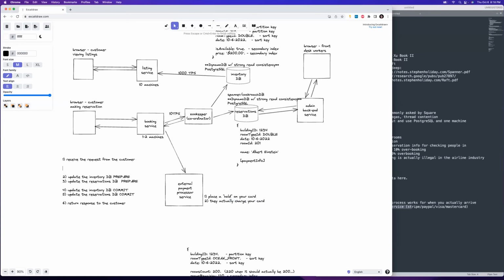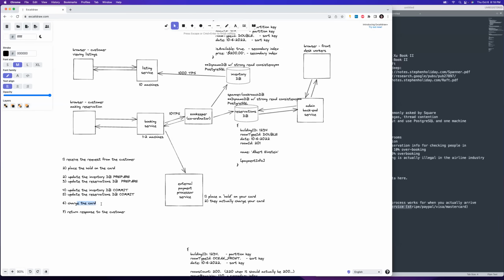And so here step 2 is place the hold on the card. Then you go ahead and do your distributed transaction, and then you go ahead and charge the card, do the actual charge. You can even have the charge happen downstream.